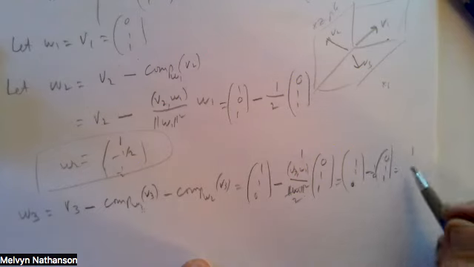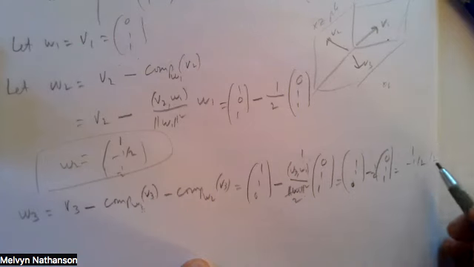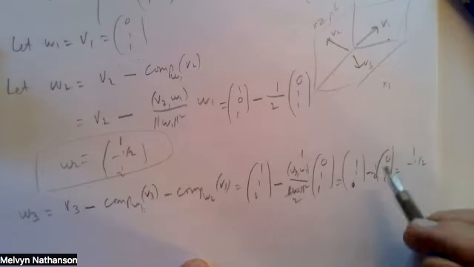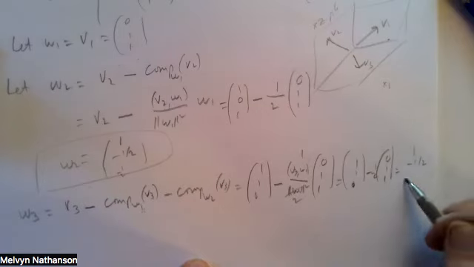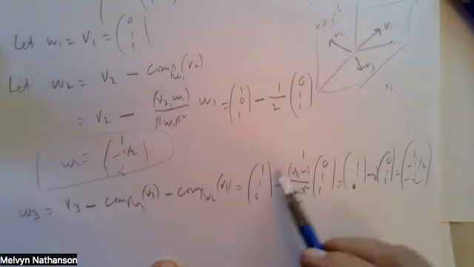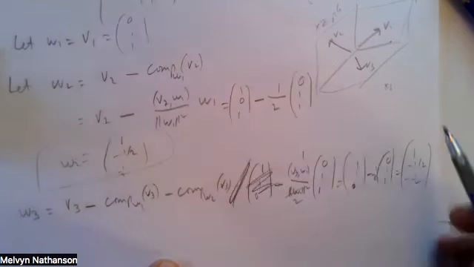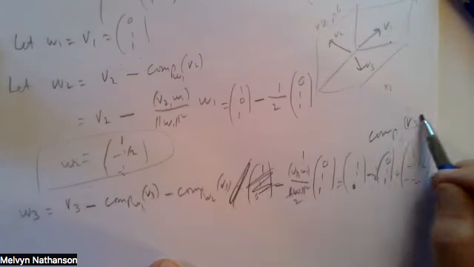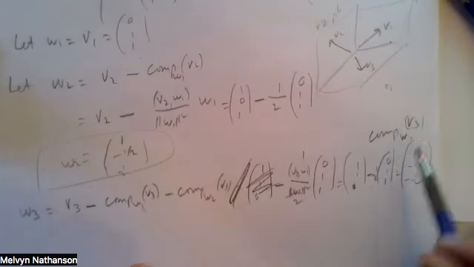That's 1 minus a half, minus a half. Oops, sorry. I mean, that's correct. This is the component of V3 in the direction of W1.